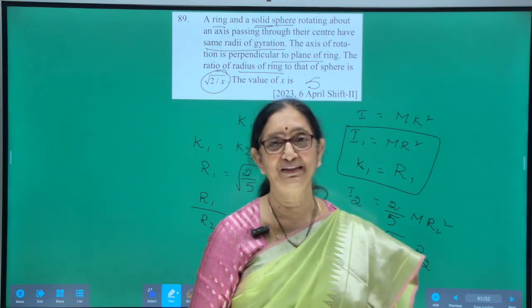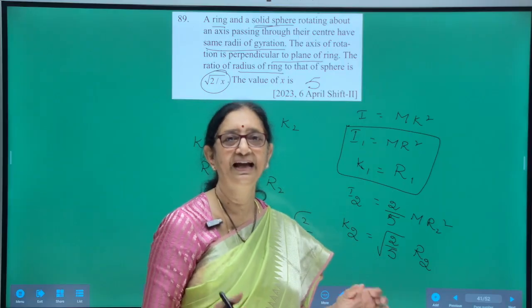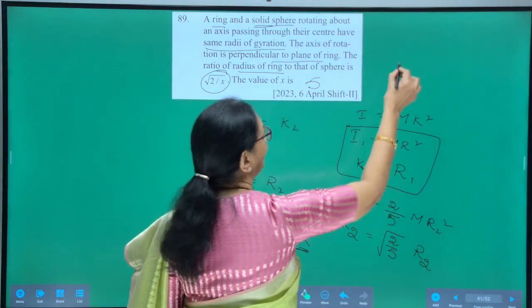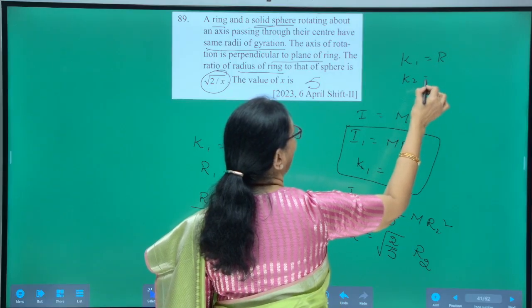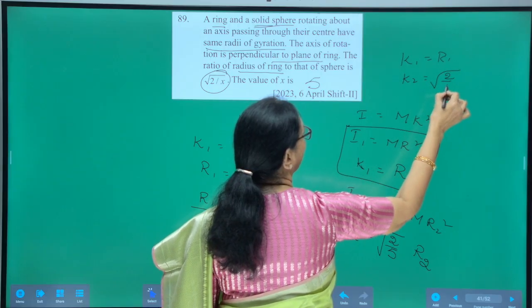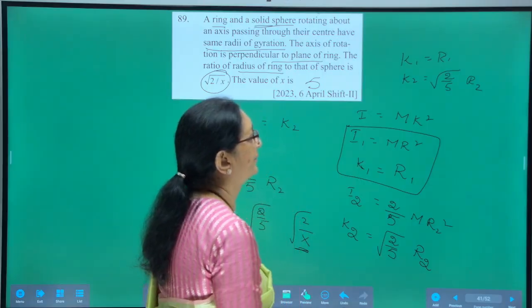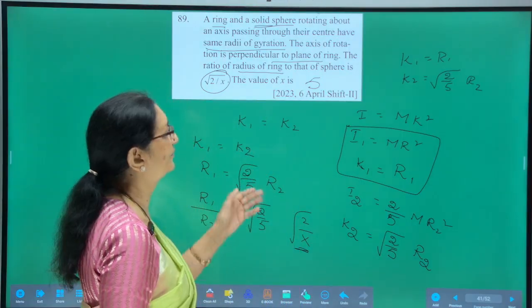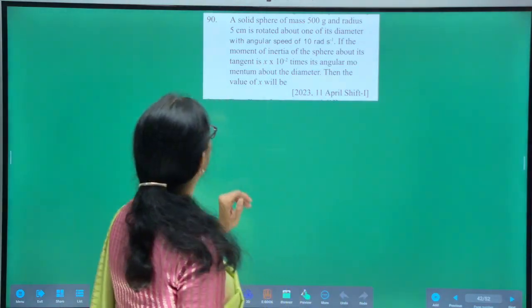Actually, if you are thorough with the formulae, you need not do all those things. For a ring about an axis through its center, radius of gyration is just r. For a solid sphere, it is equal to square root of 2 by 5 r2. If they are equal, r1 by r2 is equal to root of 2 by 5. That's it. Okay. Now, move on to the next problem.